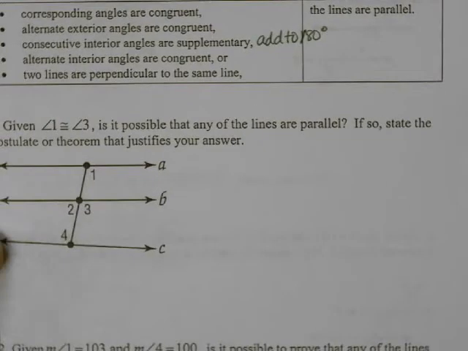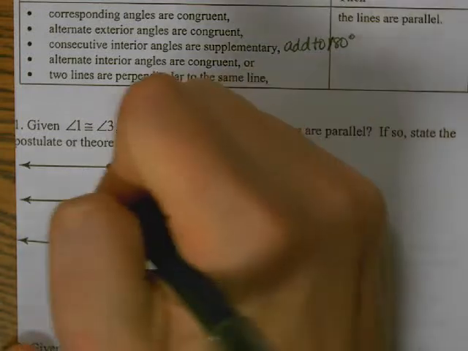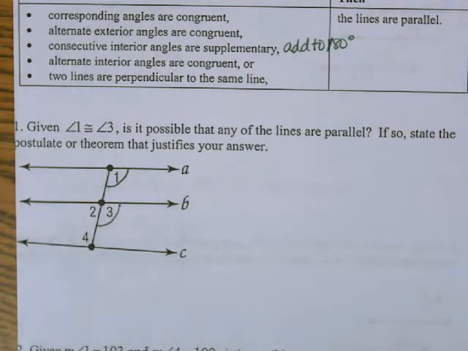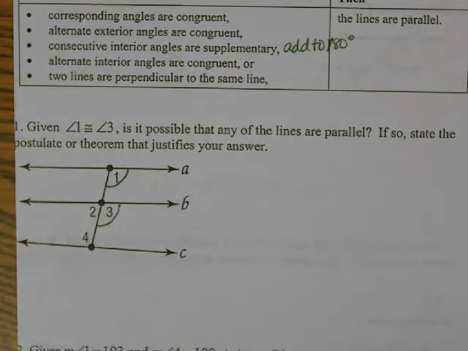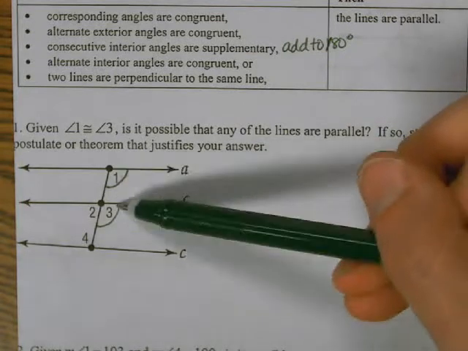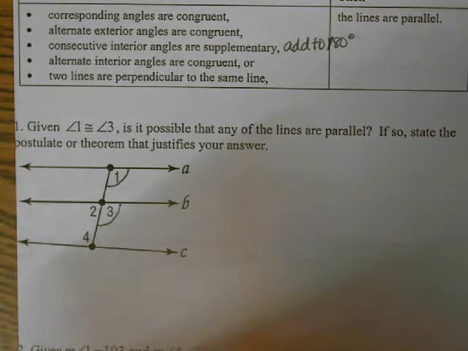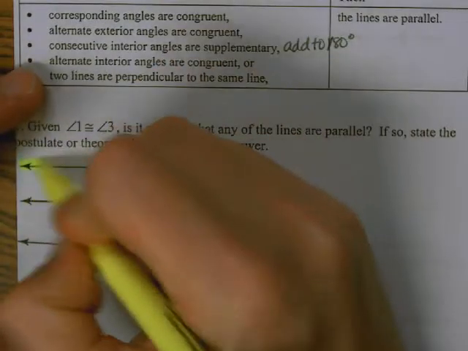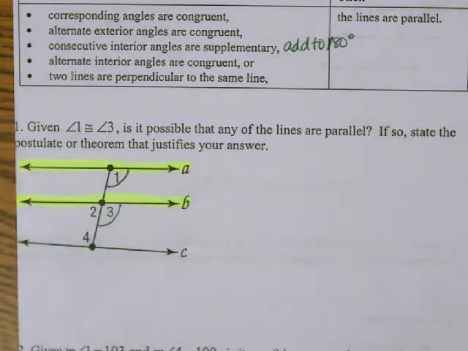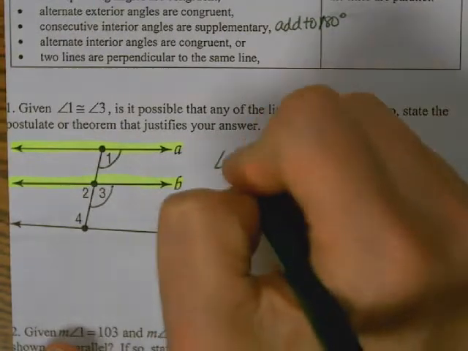So let's look at example 1. It says, given that angle 1 is congruent to angle 3. Is it possible for any of these two lines to be parallel? So what kind of angles do we think angle 1 and angle 3 are? Well, if we think about maybe line A and line B being our parallel lines, then angle 1 and angle 3 would be called corresponding.